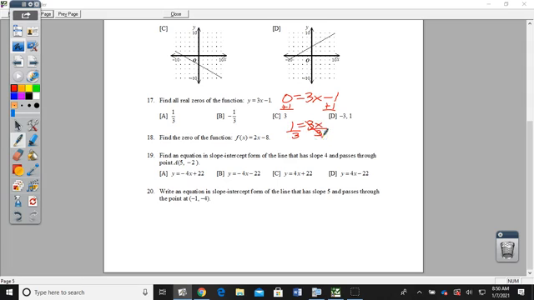What is your 0? 0, 1/3. Okay? Problem number 18, same problem, but it's not multiple choice. So 0 equals 2x minus 8. If I add the 8 over, I will get 8 equals 2x. And when you divide by 2, x is 4.